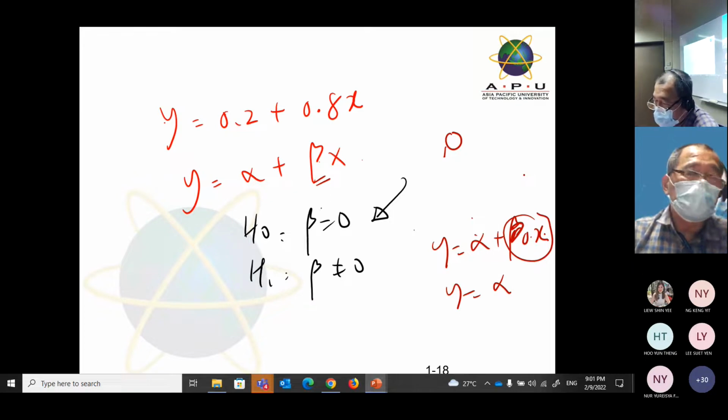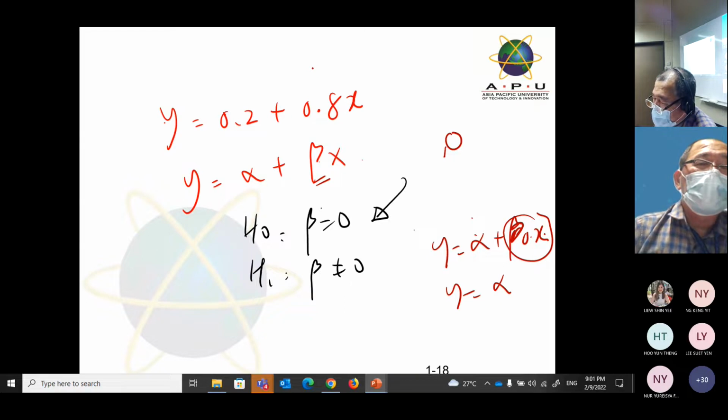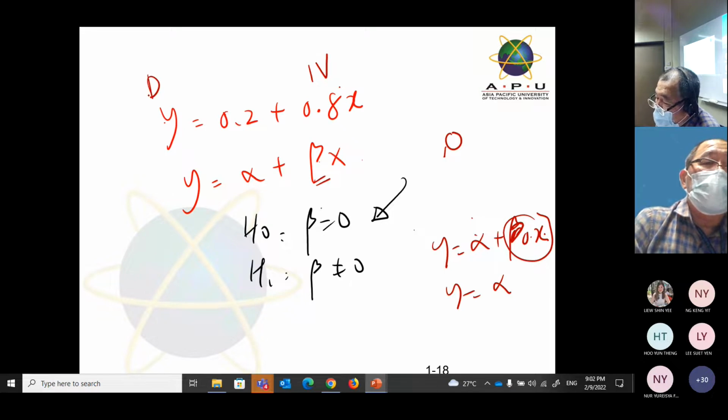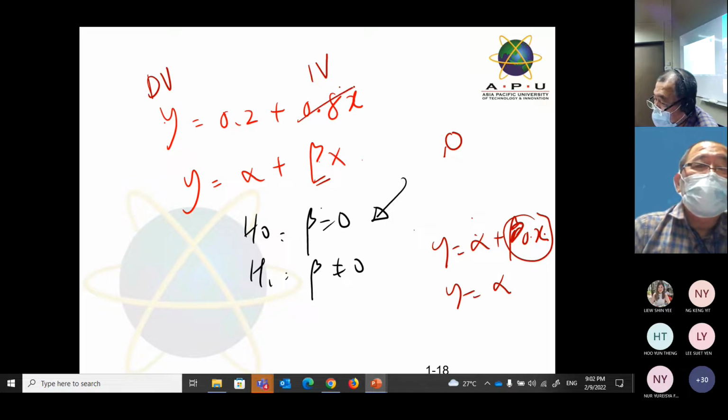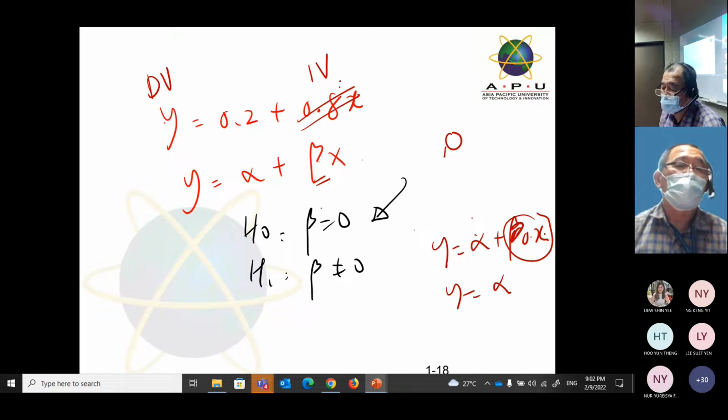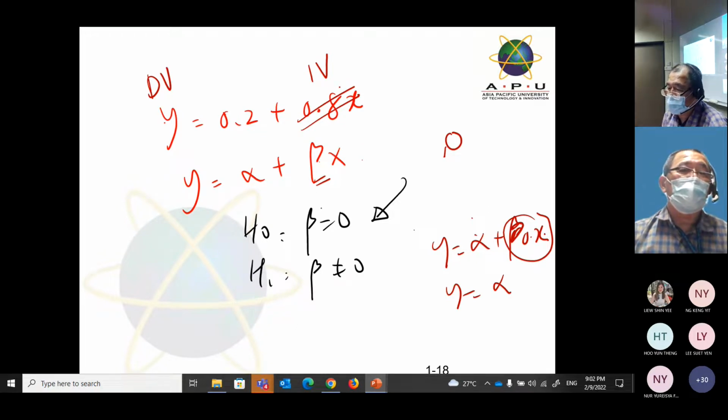And recall back, regression is how we want to examine the impact of the independent variable on the dependent variable. If now this term disappears, meaning that x cannot affect y.